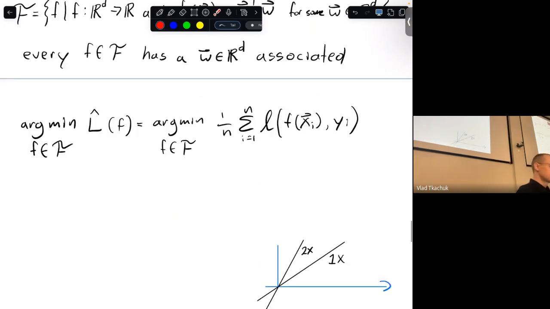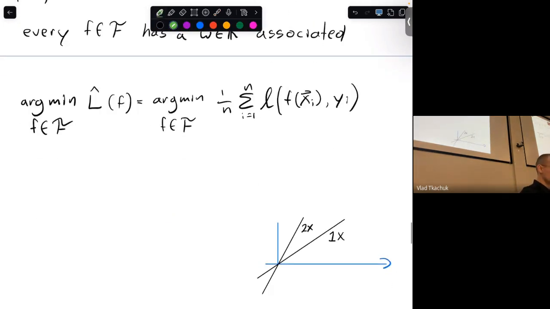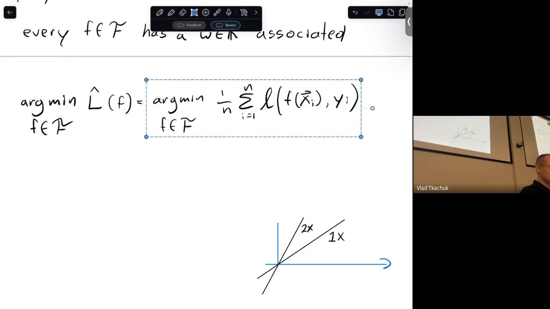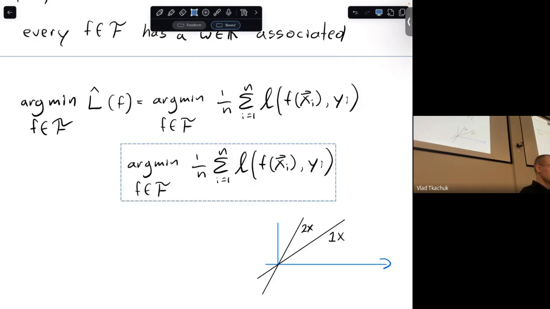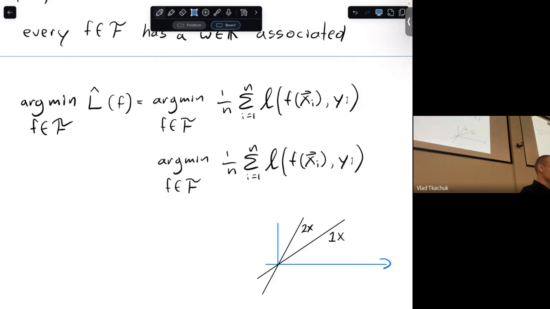But you know that f has this extra structure. So I'm going to write an equivalent version of this minimization. Instead of argmin, I'm just going to write min, the minimum value, because a function is a different object than a vector w. The argmin function is not the same as the argmin vector in R^d, but their values are going to be equal, as you'll see.